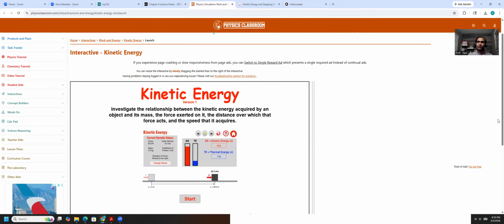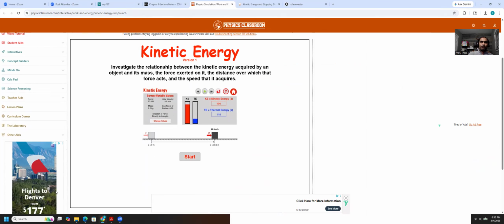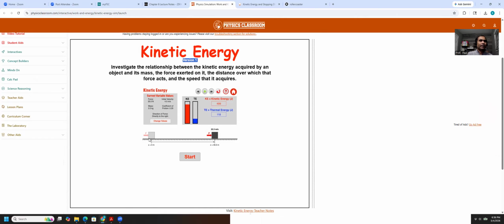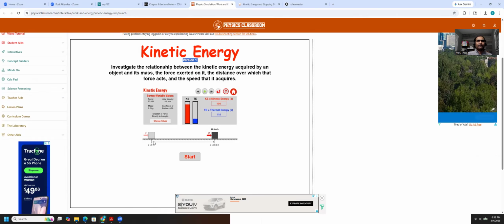Here, this one. So here we have this object, and we apply a force on this object, right? If we apply force, that means we do work. Neglect and forget about the thermal energy, I mean the friction. So let's say there is no friction here, so when you apply force, you do some work.